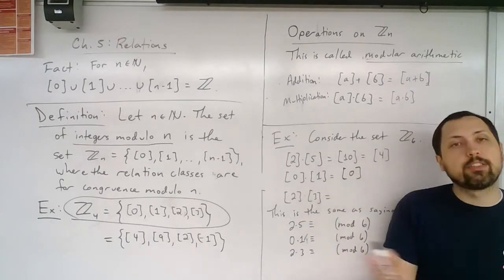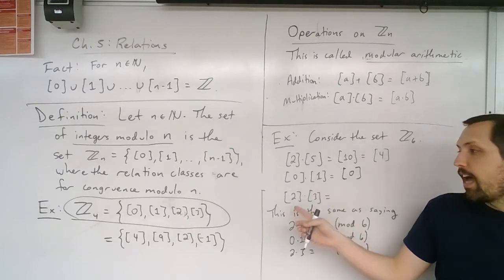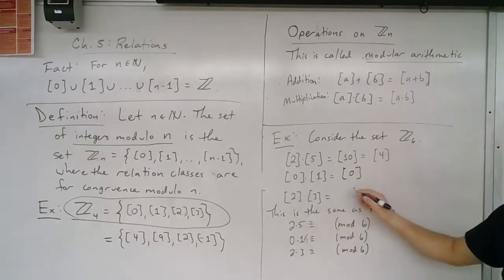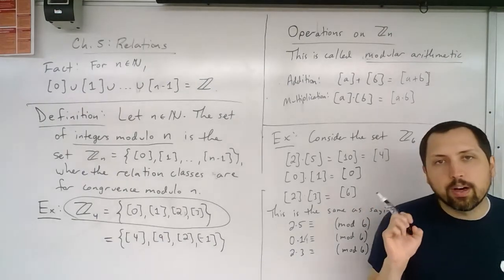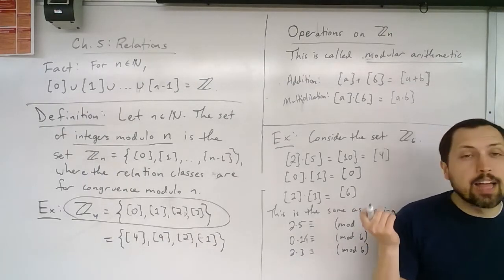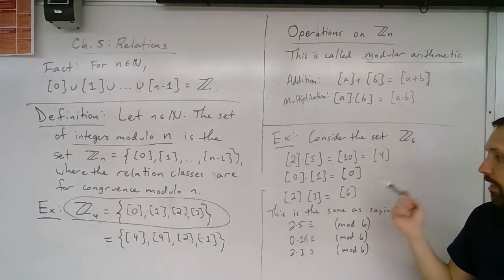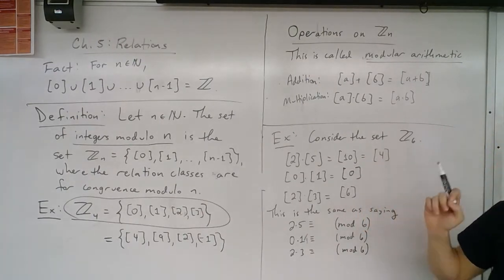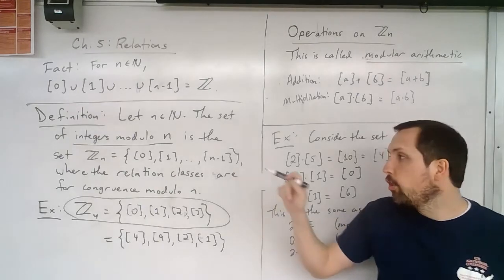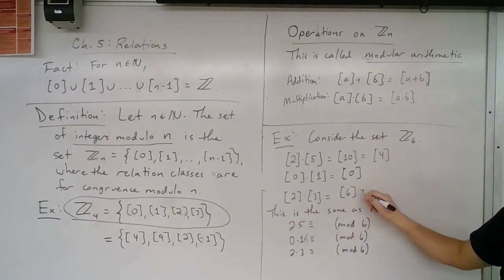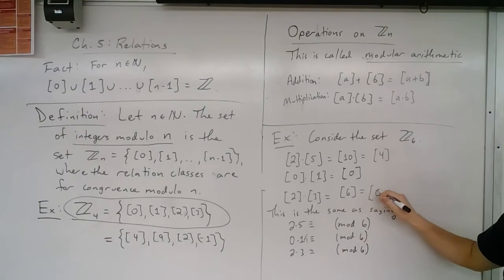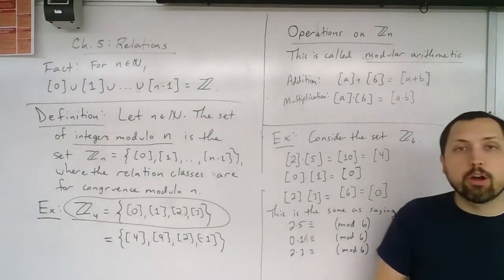0 times 1 gives me 0, so this is it. Now, 2 times 3, this is going to be the relation class of 6. This is not a very large number, right? It's not like 10, for instance. But remember, we stop at n minus 1. So really, the relation class of 6 is the same thing as the relation class of 0.